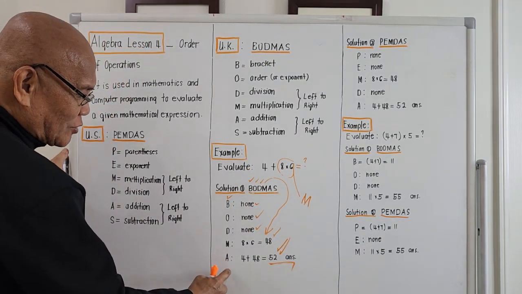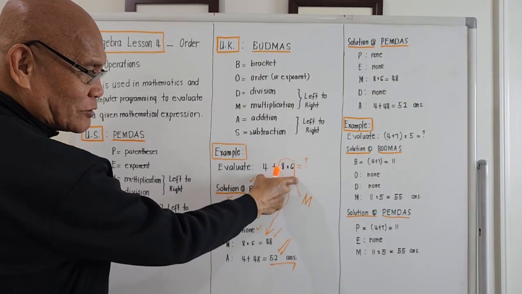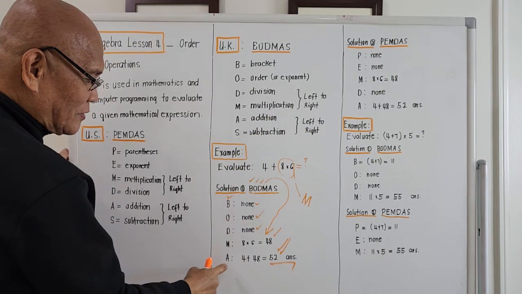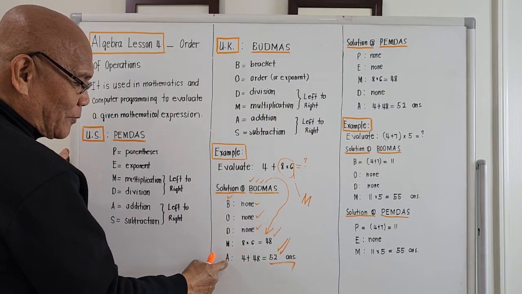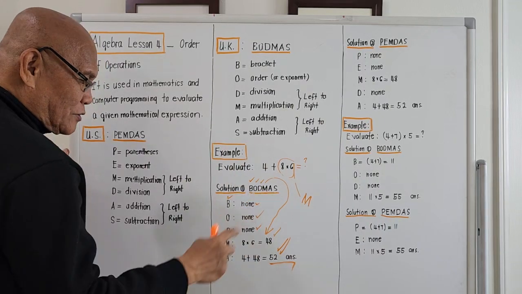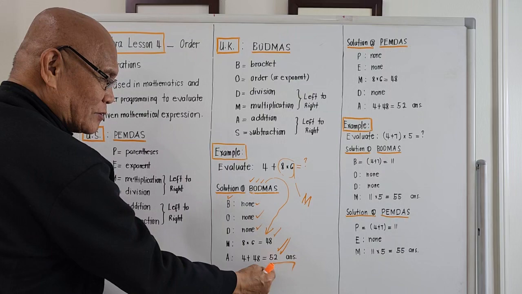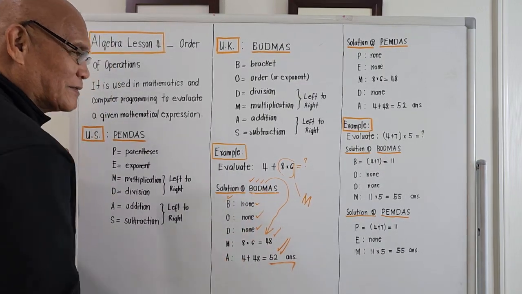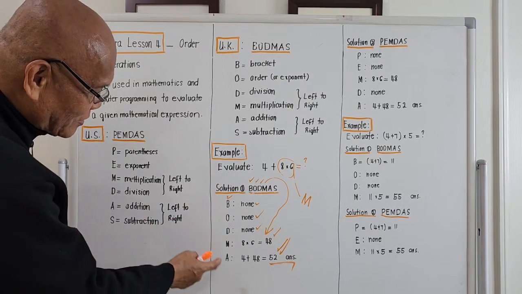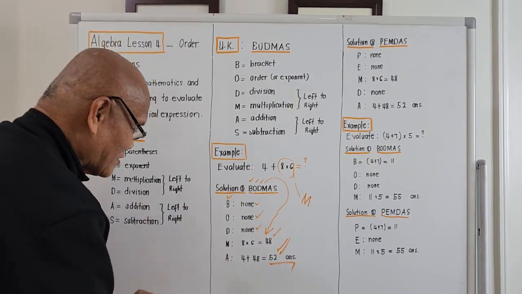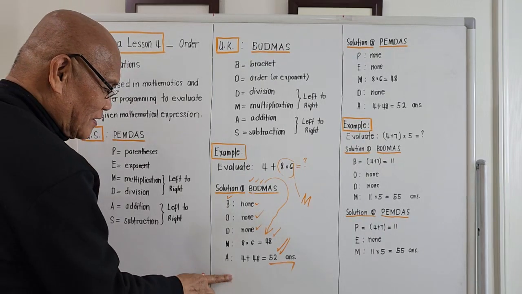We didn't even go to the subtraction anymore because there is no subtraction in the given mathematical expression. We just stop at the operation addition. Because after performing the addition, what comes out is now our answer. So there is no more subtraction, right? So with BIDMAS, we only reach up to A, right? No S.